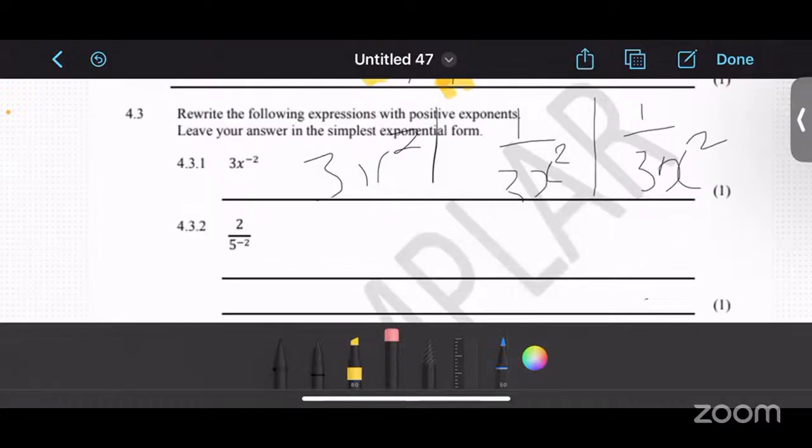Work out what 5 to the power of -2 is. What did you say, Grace? We're going to work out what 5 to the power of negative 2 is. Is that what you said? Let's work it out.